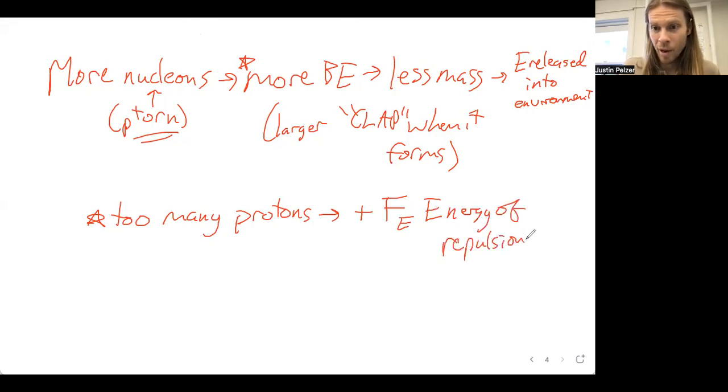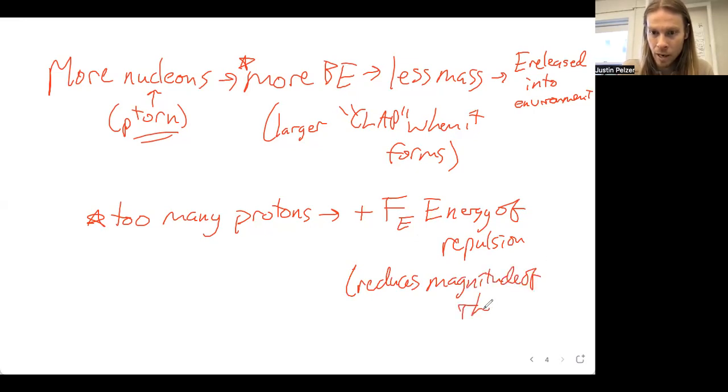It wouldn't be called a binding energy. It's actually called a repulsion energy, right? A positive energy of repulsion, which means it reduces the magnitude of the otherwise negative binding energy.